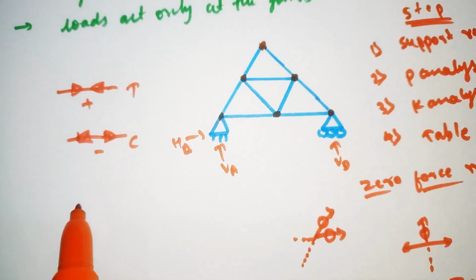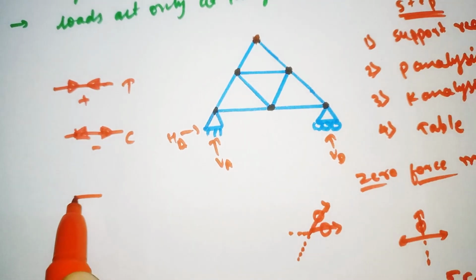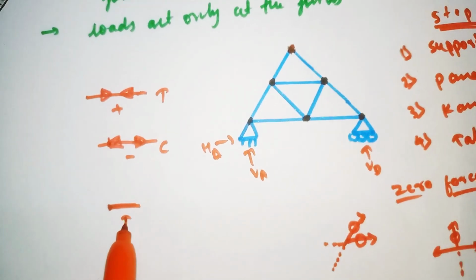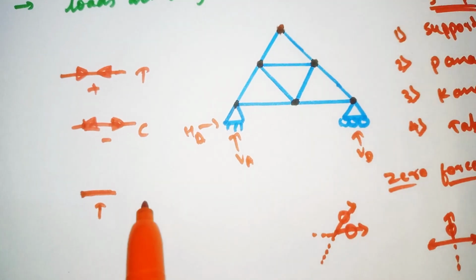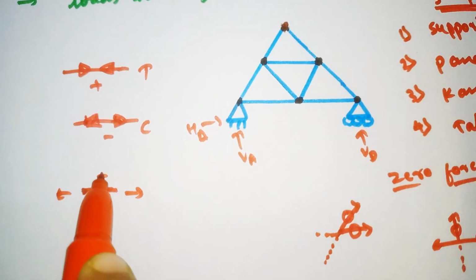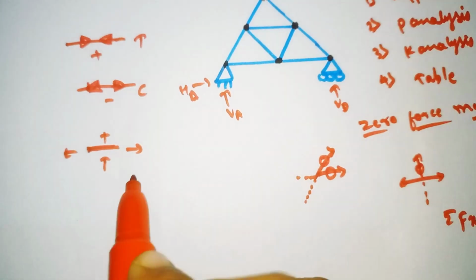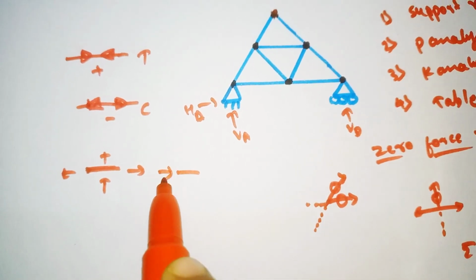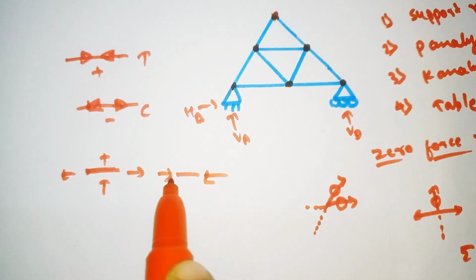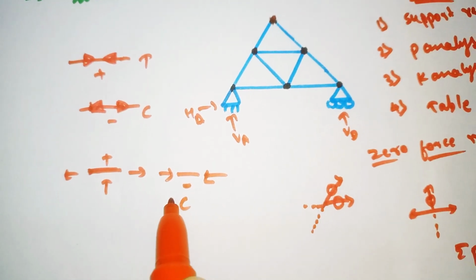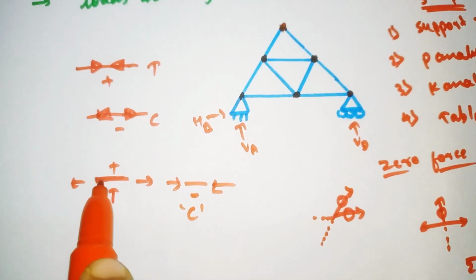So when it comes to the beam, in tension the forces will move away from each other, so it is positive. And in a beam, if the forces move towards each other it means it is in compression, which means negative.